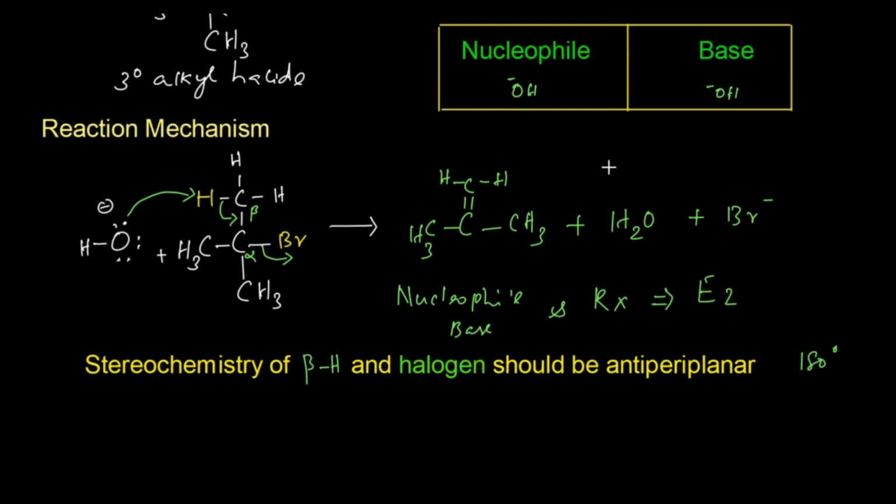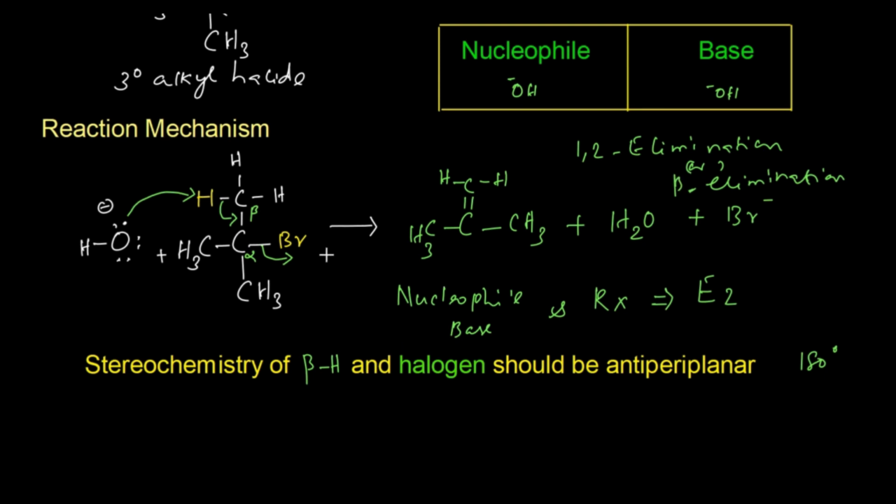This reaction is also called 1,2 elimination or beta elimination. These are the other names for the E2 reaction. So this is the stereochemistry.